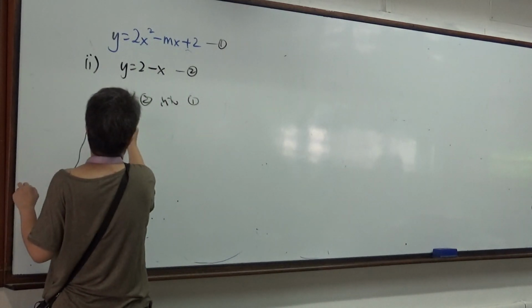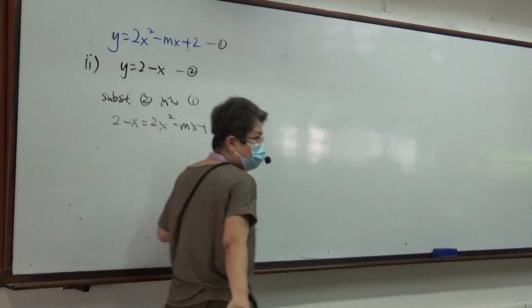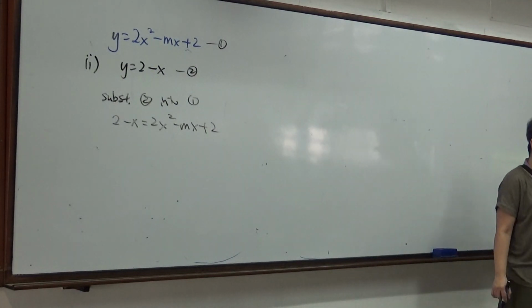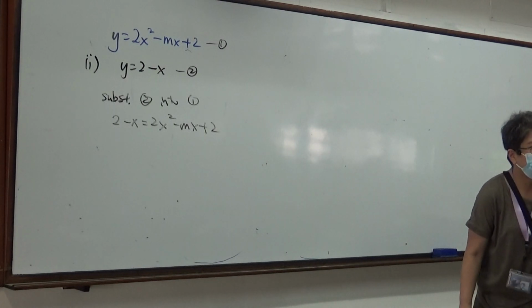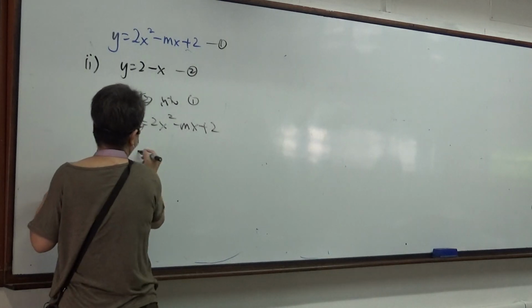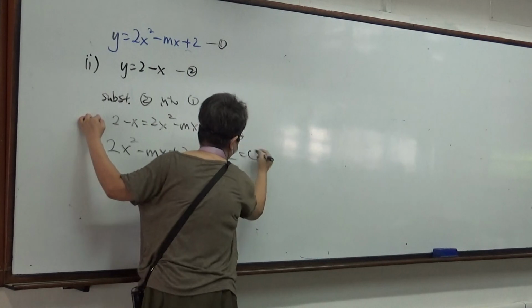So, I will have 2 minus x equals 2x squared minus mx plus 2, right? Can you tell me what should I do next? Group all of them together, right? And make one side what? 0, very good. So, I will have 2x squared minus mx plus 2 plus x minus 2 equals 0, correct?